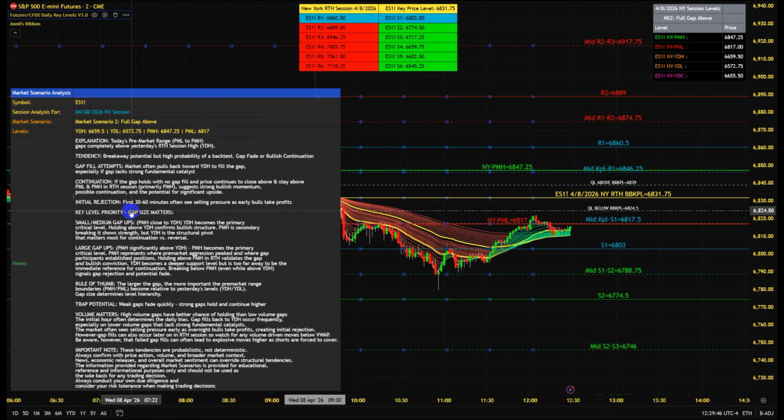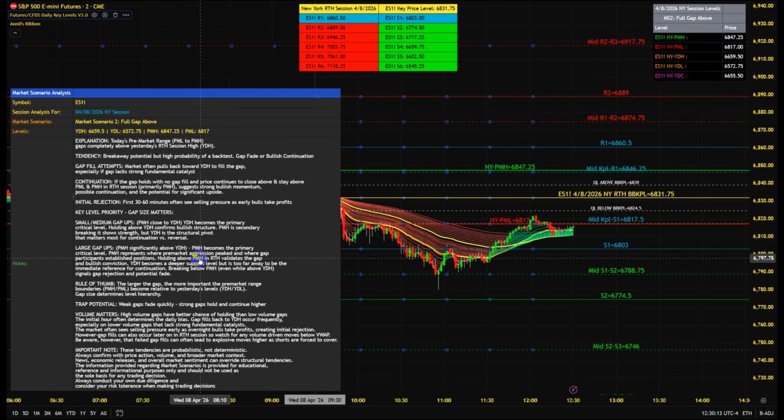So in the key level priority, the gap size matters, whether it's a small to medium gap up versus a large gap up. As you can see here in a large gap up, the pre-market high is significantly above yesterday's daily high. The pre-market high becomes the primary critical level. The PMH represents where pre-market aggression peaked and where gap participants established positions.